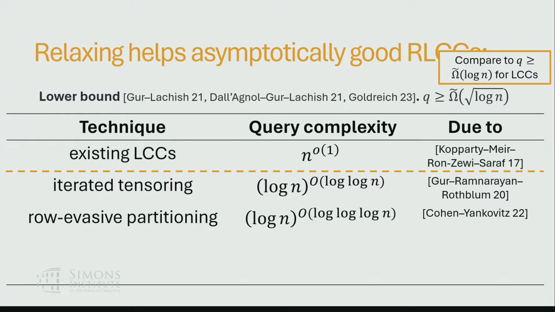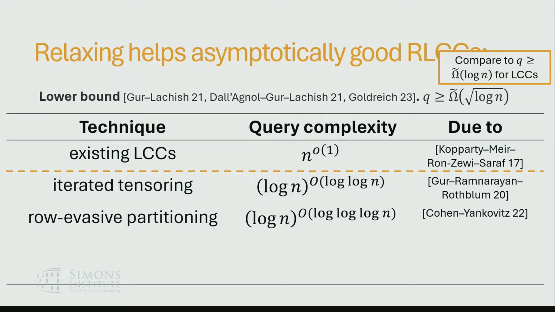If you take the existing best LCCs that I mentioned before, you get this subpolynomial, but with RLCCs, you can get all the way down to quasi-polylogarithmic. So this is the state of the art prior to our work, and the gap between the lower and upper bounds is already dramatically smaller than the gap in the full-fledged LCC setting. The lower bound is polylogarithmic, and the upper bound is really close to polylogarithmic.